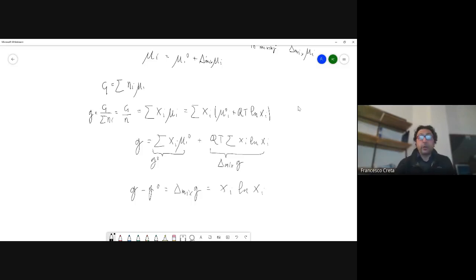Now, we know that all the Xi are numbers that are smaller than 1.